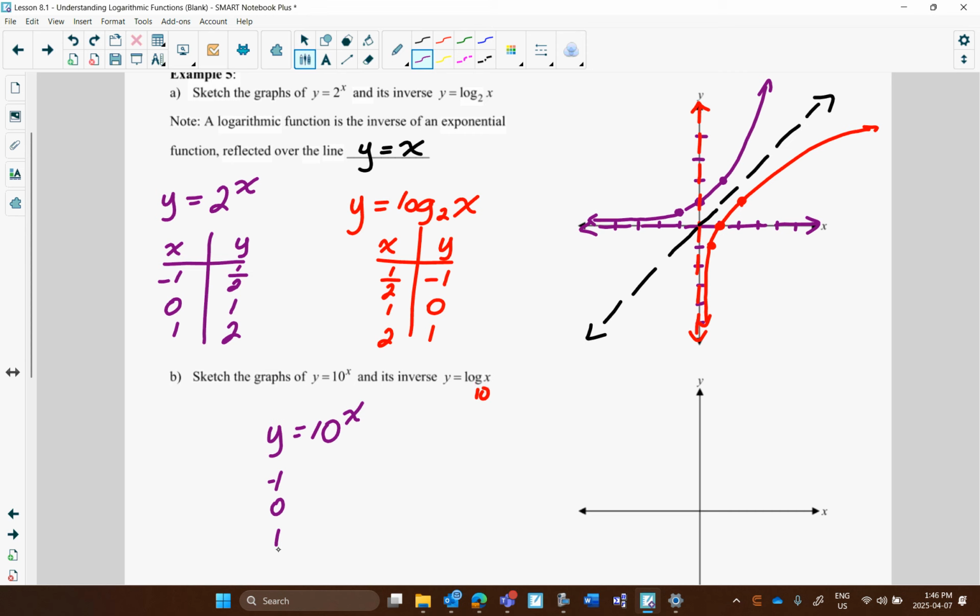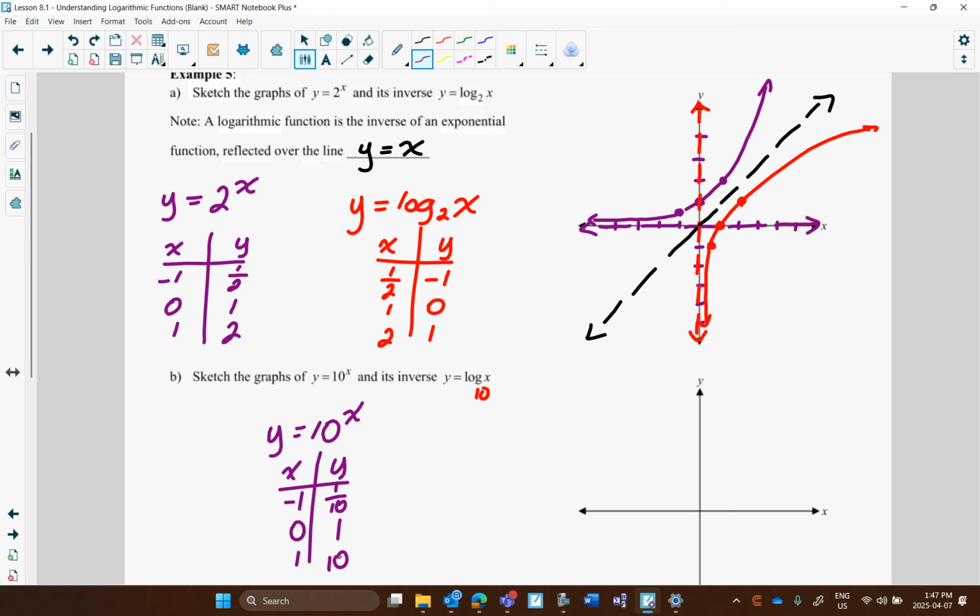Sorry, I'm mixing things up. -1 gives me 1/10. 0 gives me 1. 1 gives me 10.